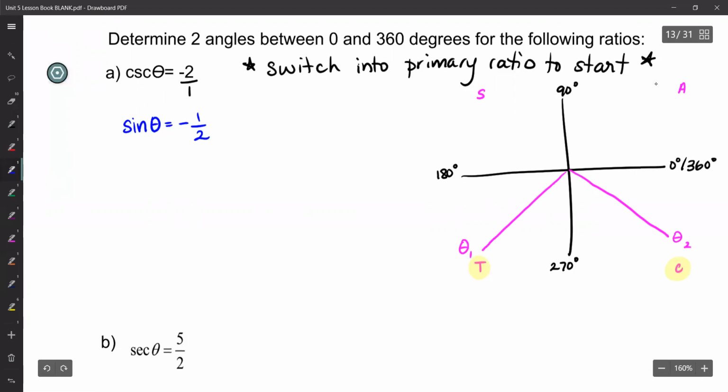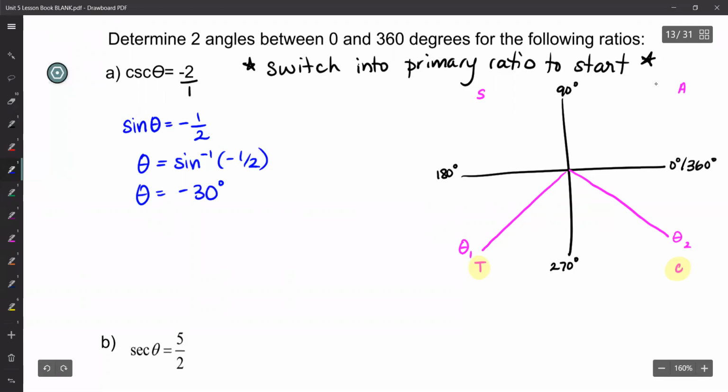And we will start by doing sine inverse of -1/2 to get theta by itself. And you should get -30 here.